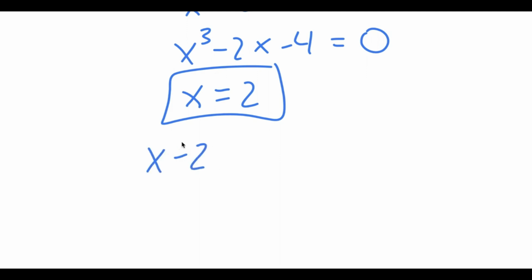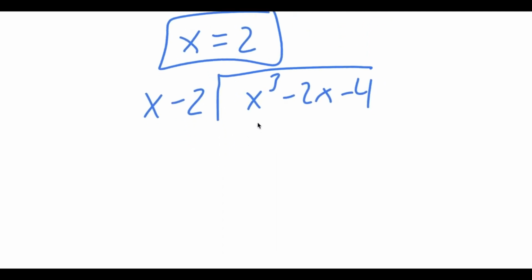x minus 2 equals 0 is a solution. So meaning we have to divide this by our original equation. So we have x to the power of 3 minus 2x minus 4 divided by x minus 2.